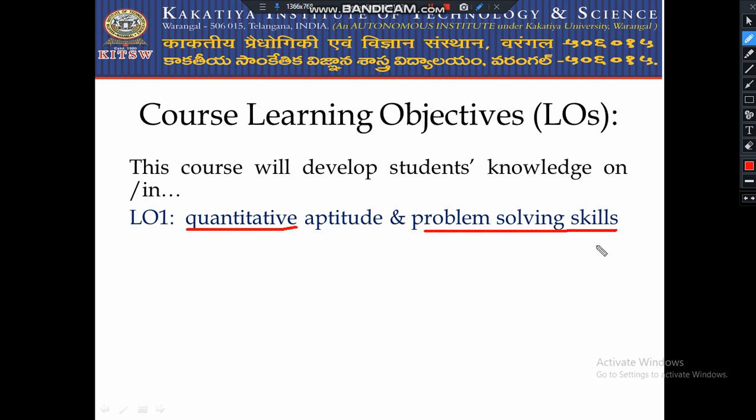This problem solving skill is in top demand by any industry these days. Through this subject you will learn how a problem can be approached and how it can be solved.